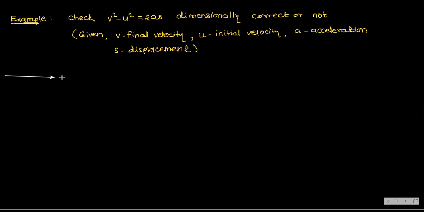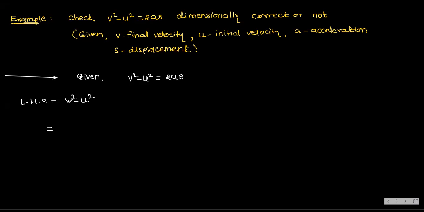Okay, see here. Now what is given? Given is v square minus u square is equal to 2as. Okay, so let's start from the left hand side. What is the left hand side? V square minus u square.